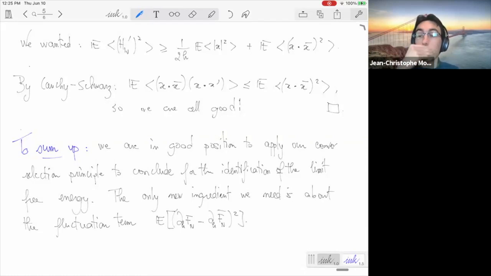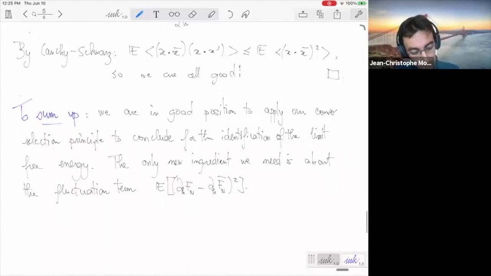Okay, and we can be optimistic that this is true, but at least we need to find some way to say it. But in fact, what's relatively classical to get is that the fluctuations of the free energy itself are small.